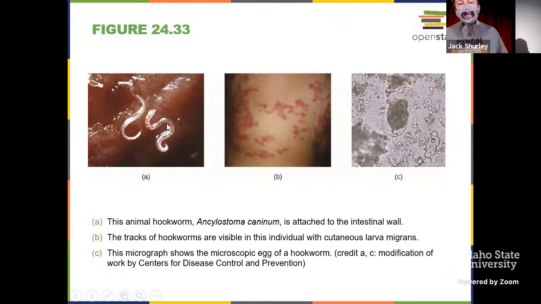I'm assuming in an animal, not in us, likely in a dog. Why am I saying that? Because over here, this is what would be happening in us. The Ancylostoma, there's a handful of these hookworms.